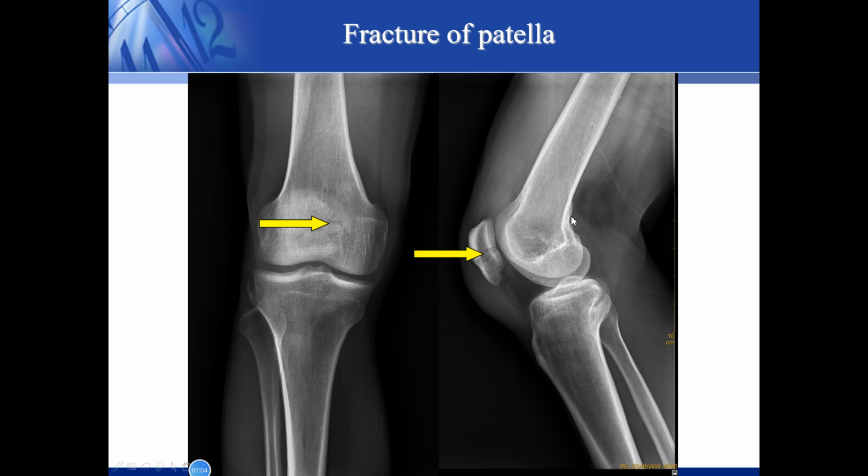So we look at the lesions in the lateral view. In the lateral view, we could see that the translucent line is in the mid part of the patella, and the soft tissue around it is swollen. So we could make a diagnosis of fracture of the patella.